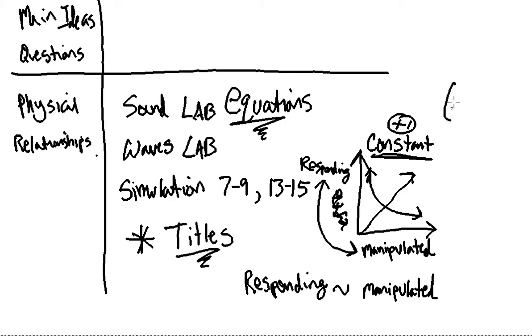All of these are going to be in parentheses with a 4 next to them now instead of a 3, because you get 1 point for the title, 1 point for properly labeling your axes and drawing your line, 1 point for the expression, and 1 point for a sentence that tells me as the manipulated variable does this, the responding variable does that. And it would be nice if you said if this remains constant, but I'm not going to grade you down if you don't include that.